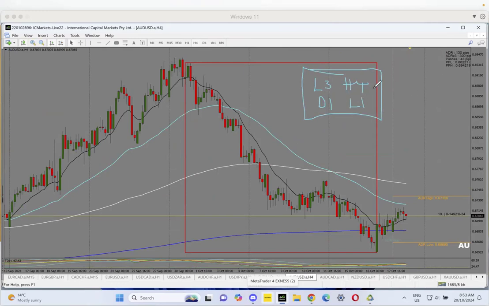You might find probably GBP-USD is on H4, L2, or maybe GU is on H4, L2 as well. You might find something like that too. But because they are correlated, they might be going in the same direction, but being at different levels altogether. So you need to pay attention to that as well. Don't confuse that.